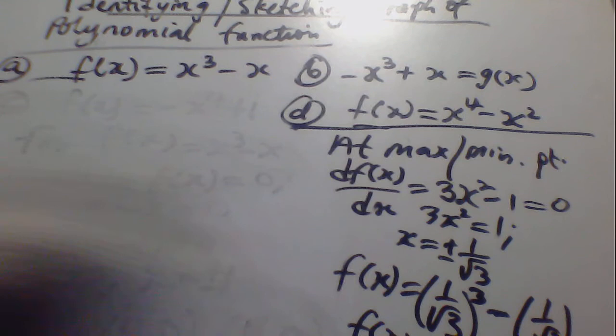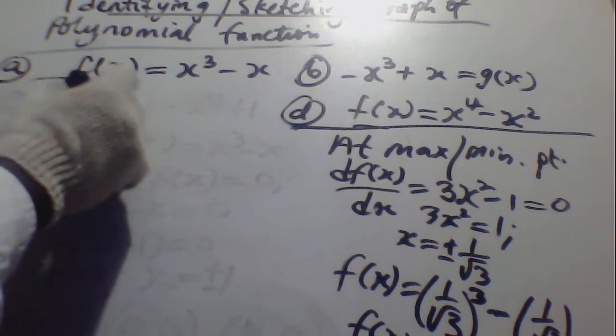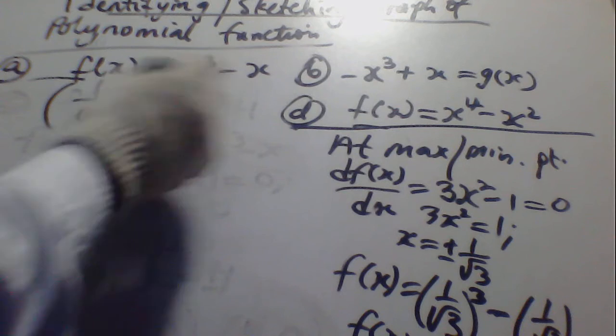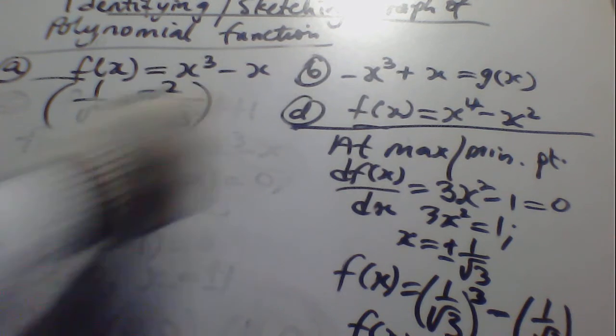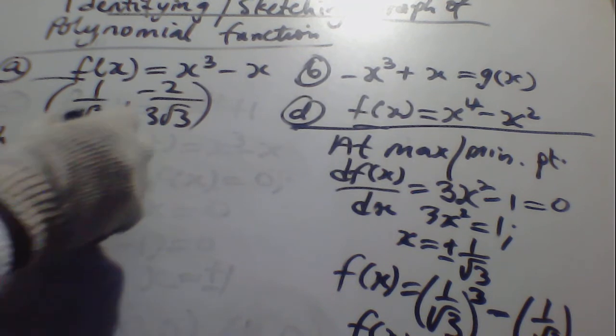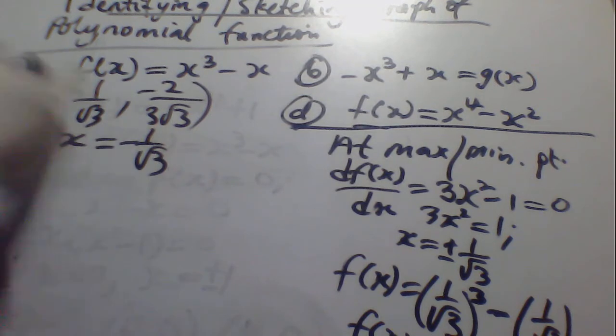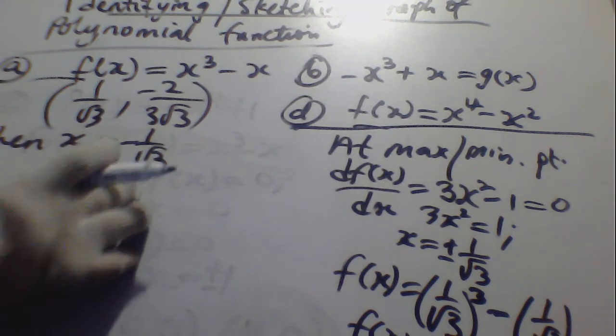The second one, because x has two values, we have gotten the first turning point at 1 over root 3, minus 2 over 3 root 3. So the next thing is, when x is equal to minus 1 over root 3, substitute it in the function to get the value of y. That is the value of x at the turning point.